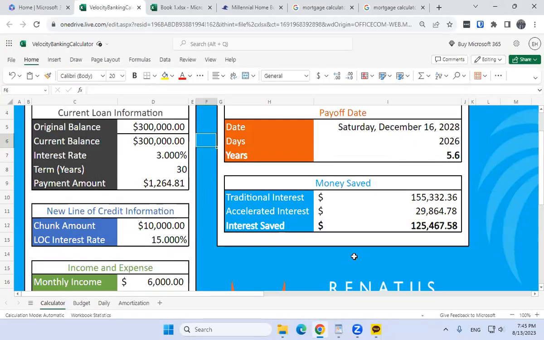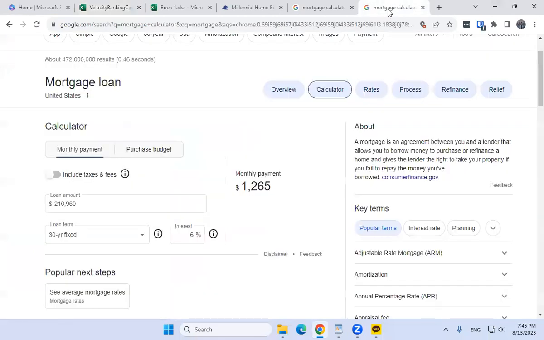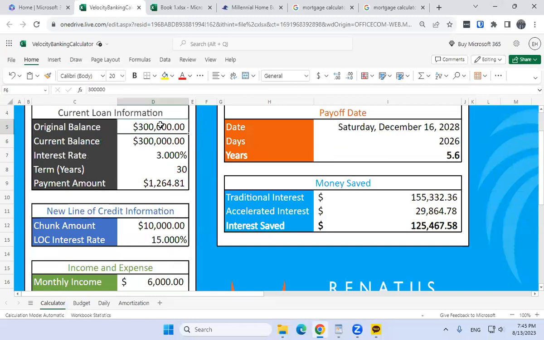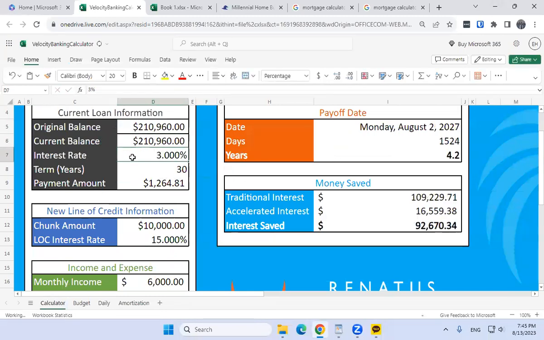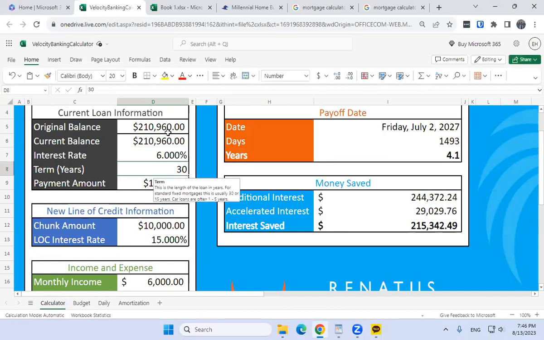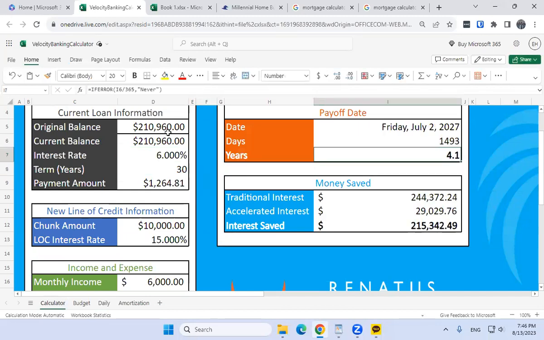Now let's put in the second situation, which is this $210,000 amount, with a 6% interest rate, and see how long it takes. This is going to take us 4.1 years.